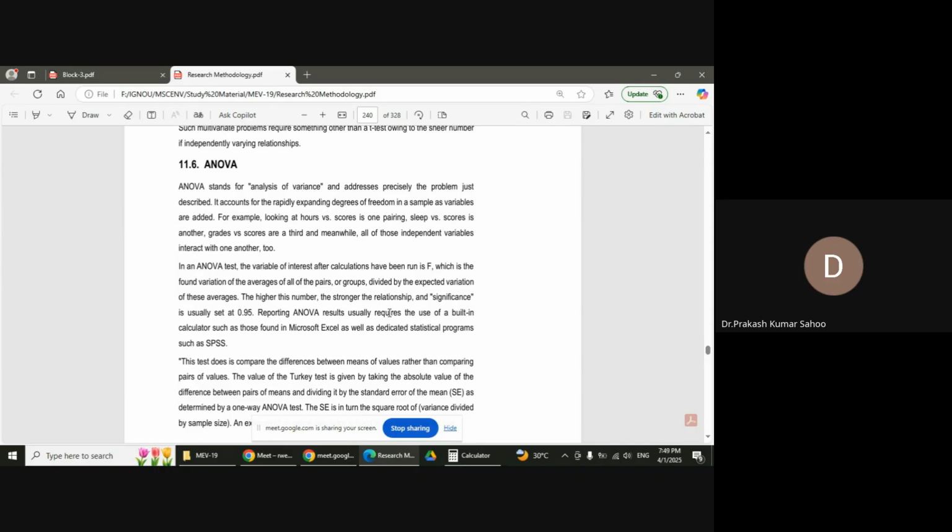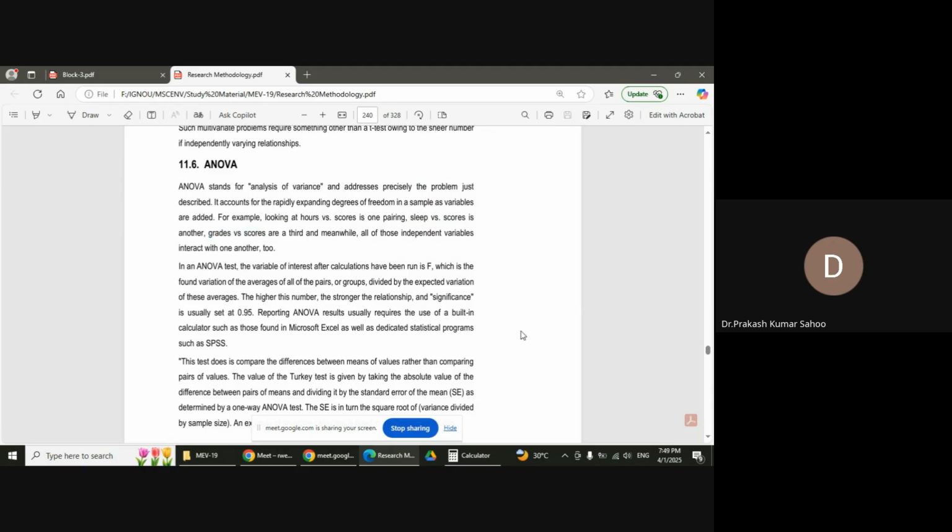For example, looking at hours versus score is one pairing and sleep versus score is another pairing. Grade versus score is the third. And meanwhile, all those independent variables interact with one another. So we have three sets of data: hours versus score, sleep versus score, and grade versus score.